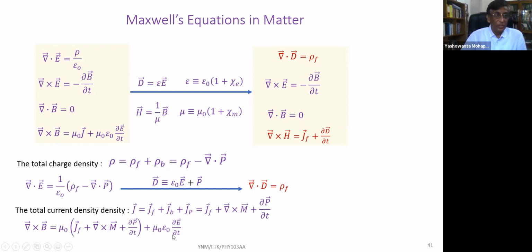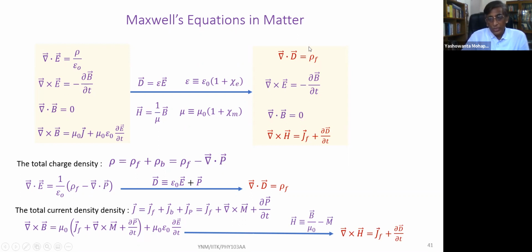Of course, it is not any physical current. Okay, so if we now replace H by B by mu naught minus M, then you can write it in this form. All right. So these two are the ones which get modified through these relationships, and we have gotten the whole set of Maxwell's equations in matter.